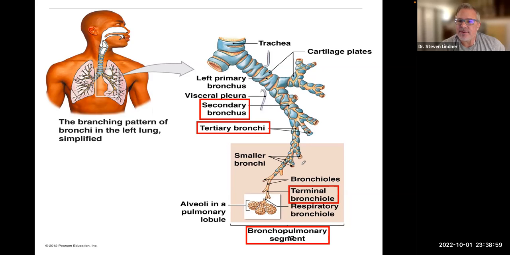And the tertiaries lead into bronchioles. And then the bronchioles lead into the terminal bronchiole, and that's the end of the conducting zone. Then it leads into the respiratory bronchiole down here, which leads into the alveolar portion.